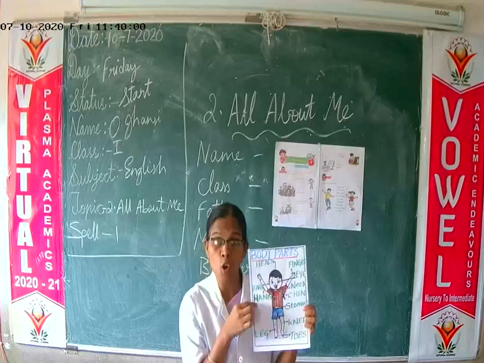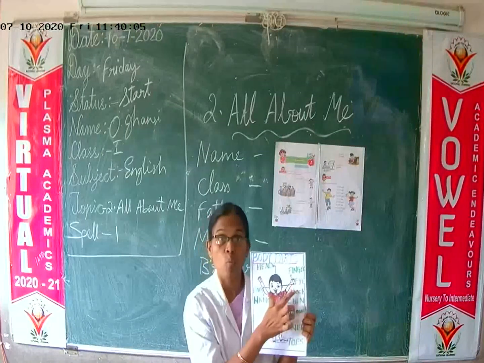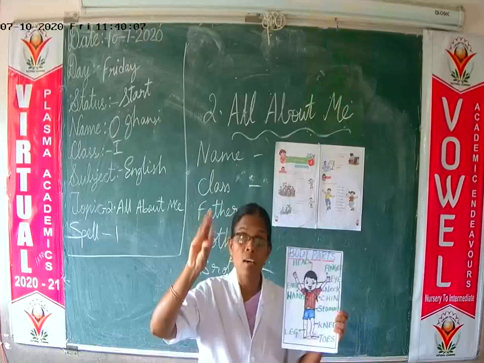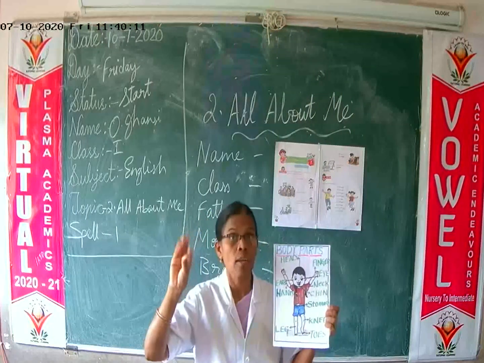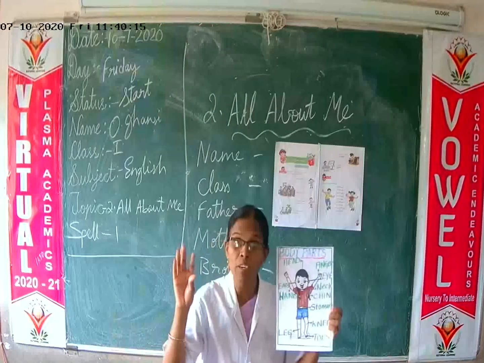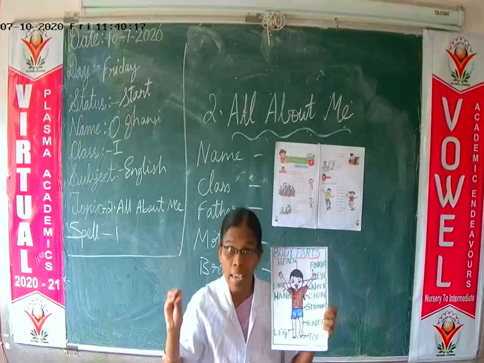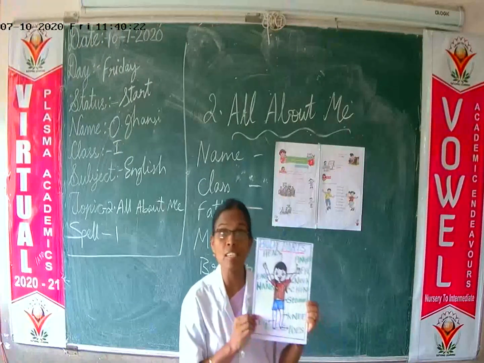Ten little fingers. Where do we have the fingers? On our hands. Ten little fingers. How many fingers do we have? Ten.